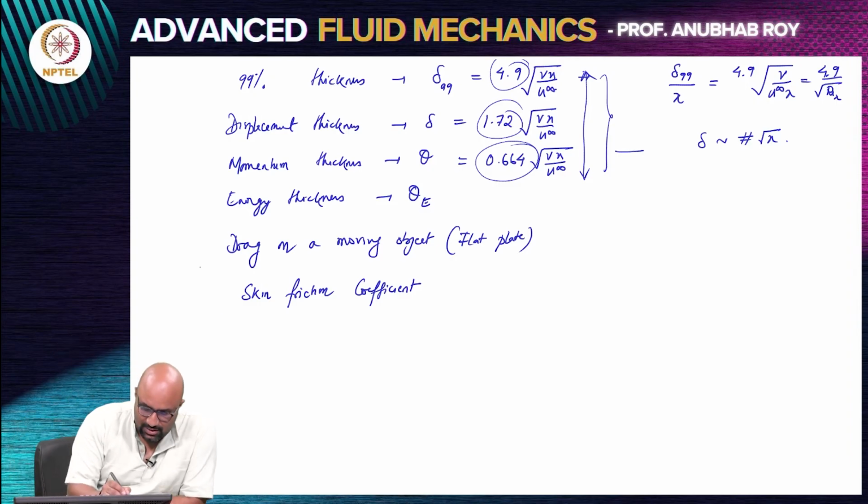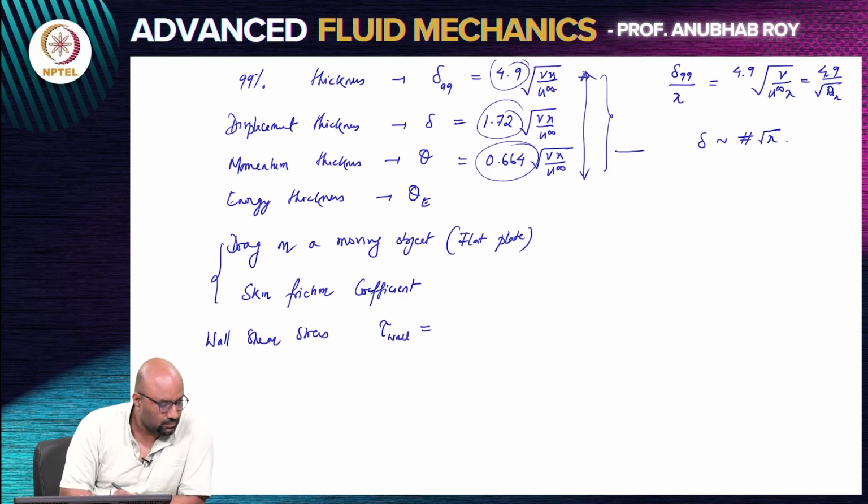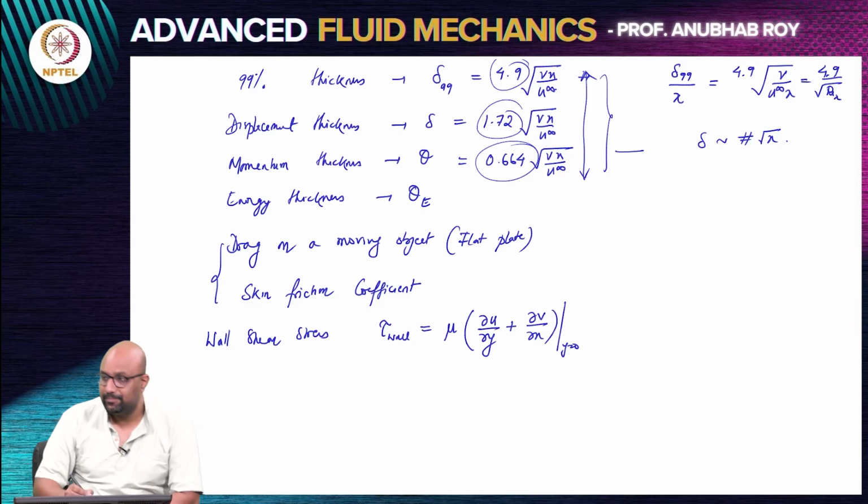So, these are things which we will calculate, they are both connected, but first thing we will do is compute the wall shear stress. So, the wall shear stress is mu times (dou u dou y plus dou v dou x) at y equals 0.